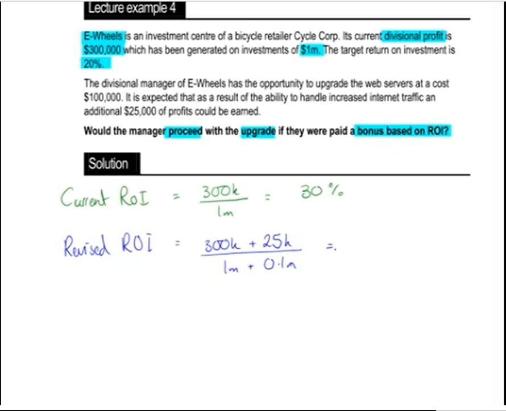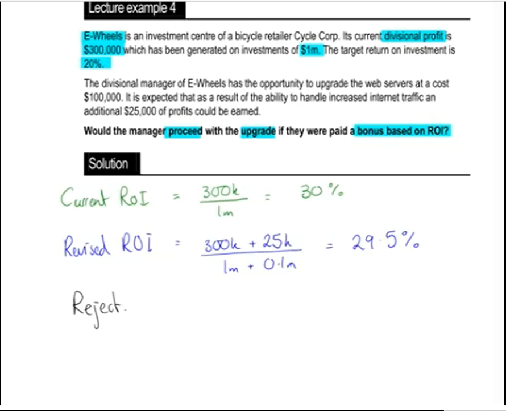So what happens to the ROI figure? Well, that now comes out at 29.5%. So we need to ask, would our manager go ahead with the upgrade? Given their bonus is dependent on this ROI figure and making the new investment causes ROI to fall, it's reasonable to suppose they would reject the investment.